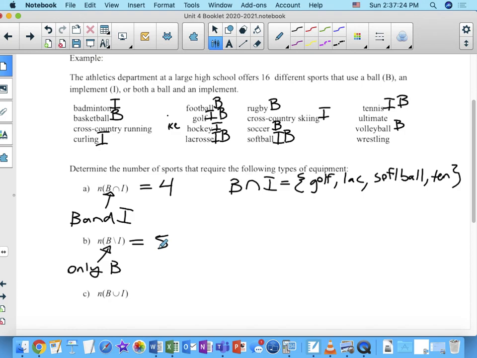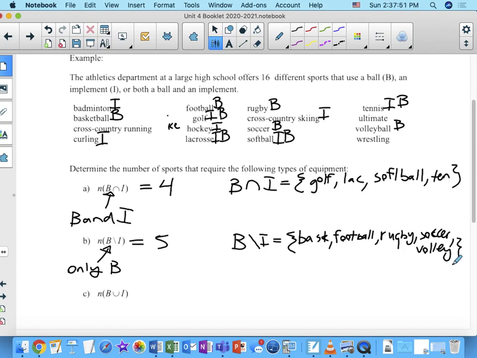And again, just so that you can refer back to this, you probably want to write out what that set is. It's basketball, and I'm being lazy, I'm just writing abbreviations, football, rugby, soccer, and volleyball.